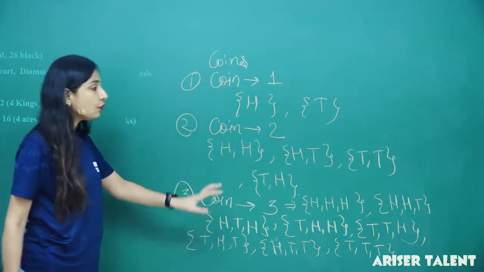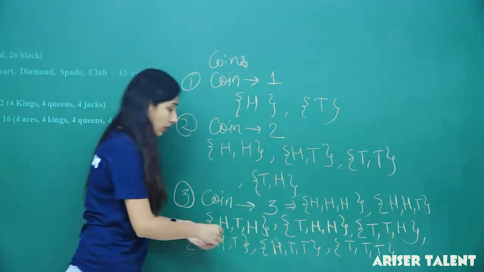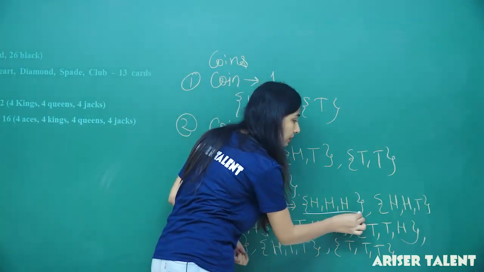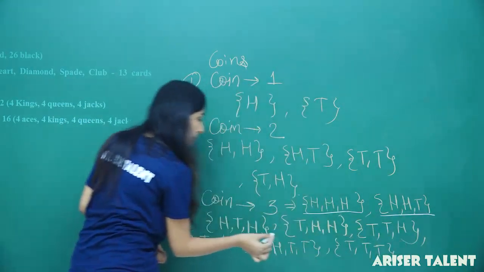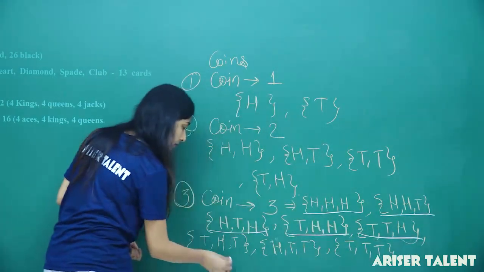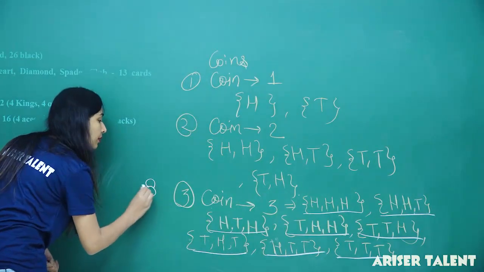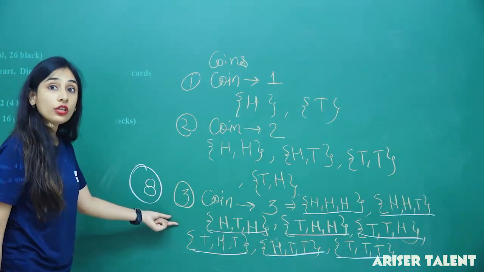Now see carefully, or you may look here, how many outcomes are there? 1, 2, 3, 4, 5, 6, 7 and 8. There are 8 outcomes in the case of 3 coins.